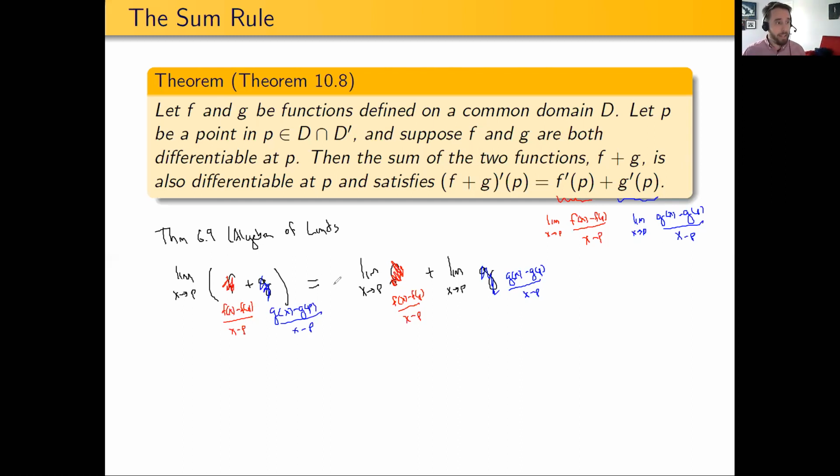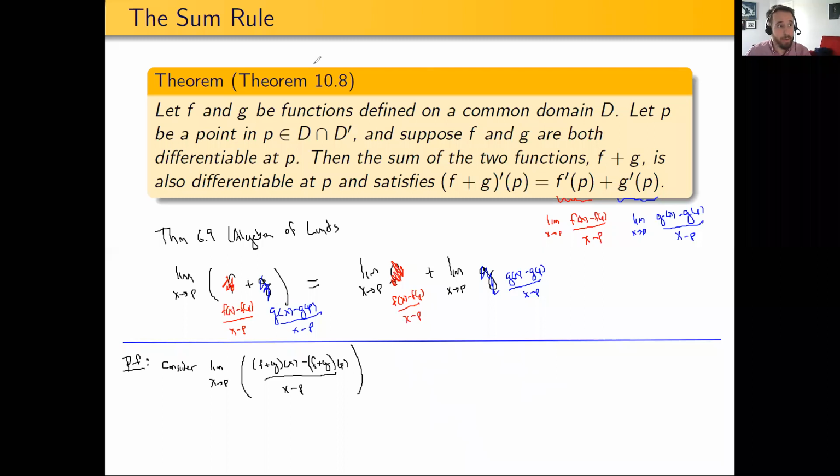And now let's turn back to the theorem itself and recognize that this expression is secretly just this expression, but rewritten. And we'll see that here in just a moment. Okay, so here we are. We can see here that our starting point is to consider this expression right here.